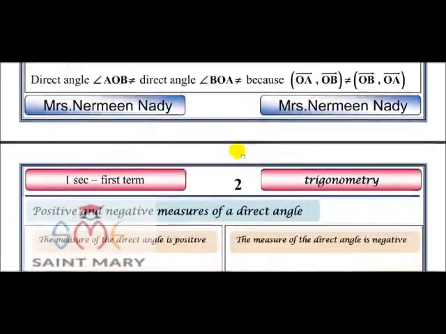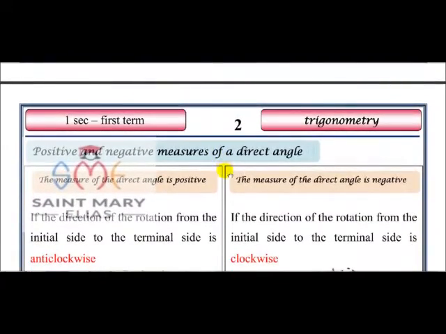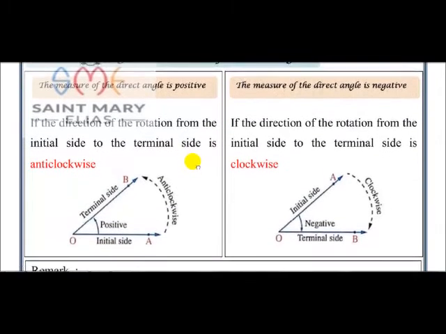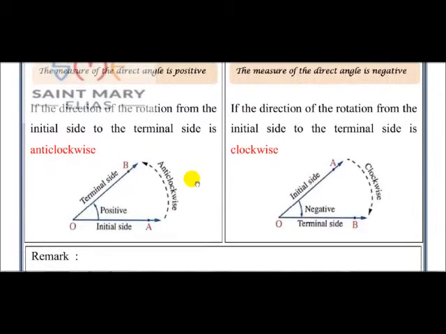The next part in our lesson talks about positive and negative measures of the directed angle. Any directed angle has two measures, one positive and the other negative.